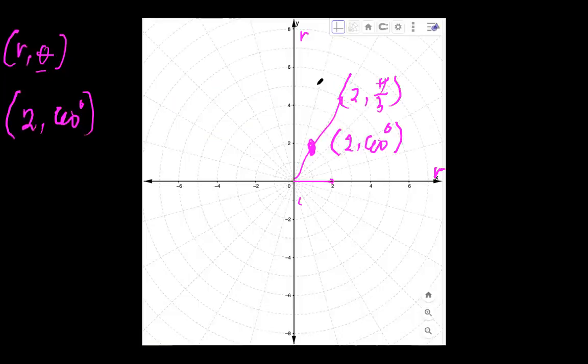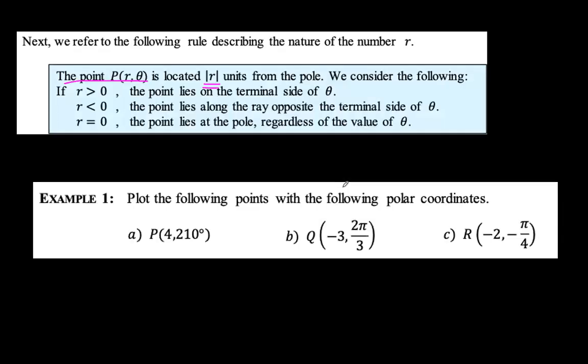When we say the pole, we're talking about the origin. So instead of calling it the origin, we call it the pole when we talk about polar coordinates. So this is the pole and this is the polar axis.